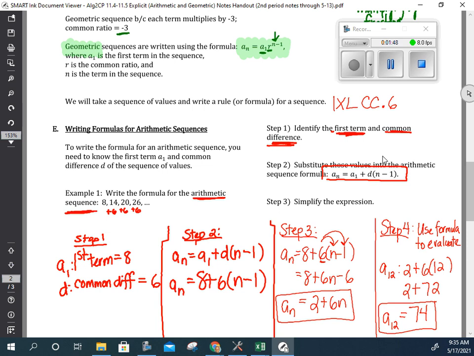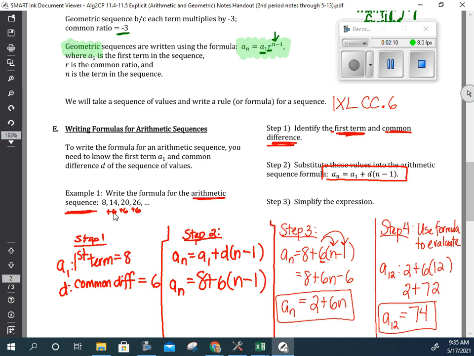So before we stopped on Thursday, we wrote equations for arithmetic sequences. That lines up with IXL-CC6. So you're given a pattern of numbers. Identify the first term, first number, and the common difference.